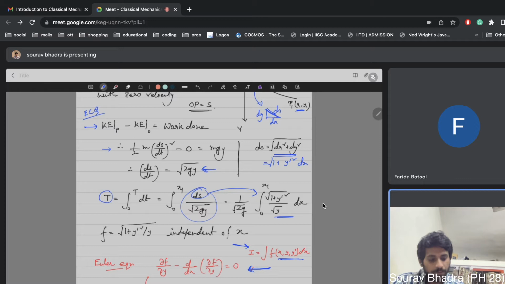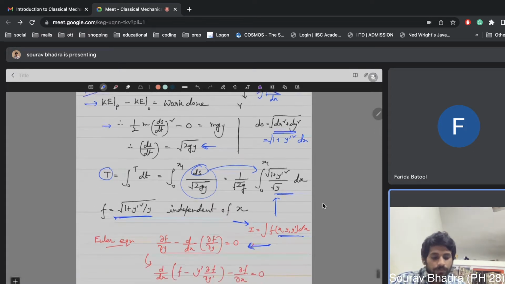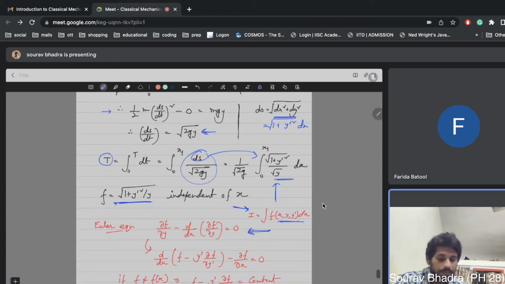For this particular problem, our f is the square root of 1 plus y dash square divided by the square root of y. We want to extremize this. Here I have not used the actual Euler's equation.